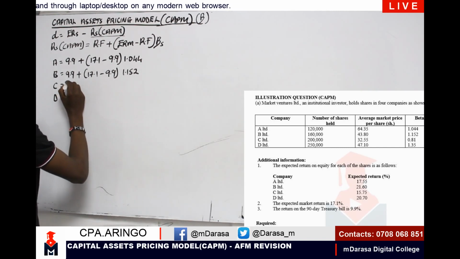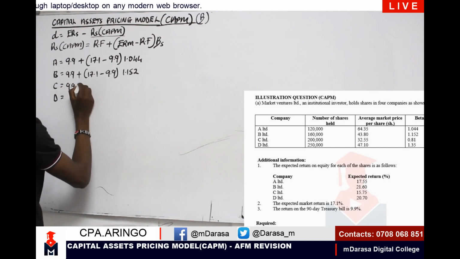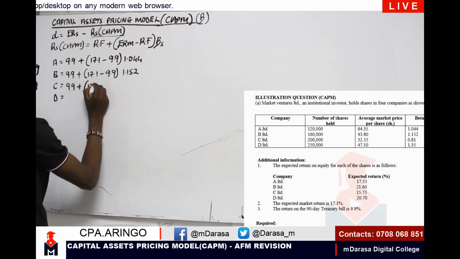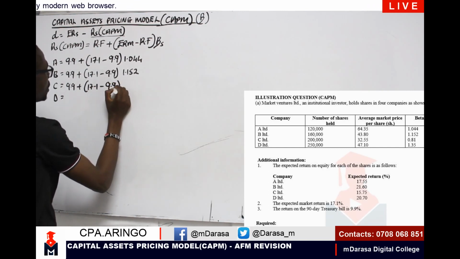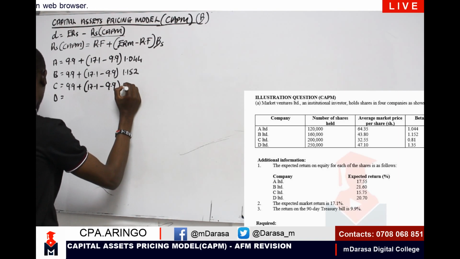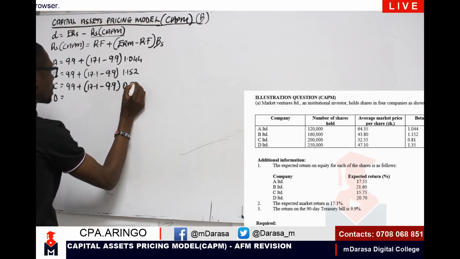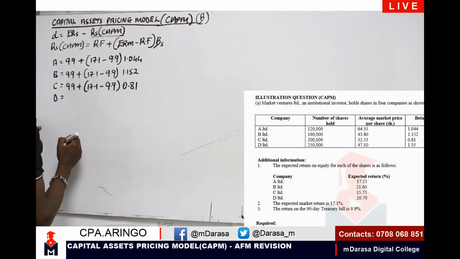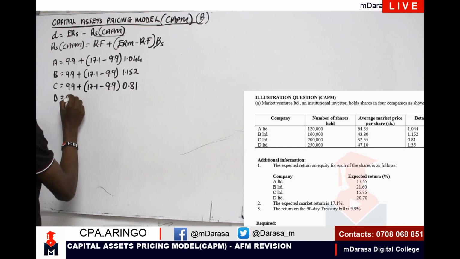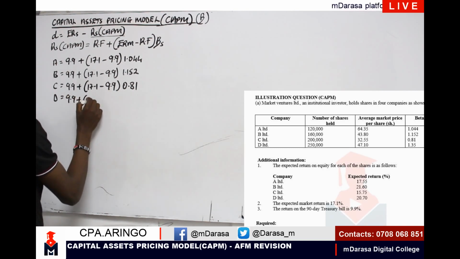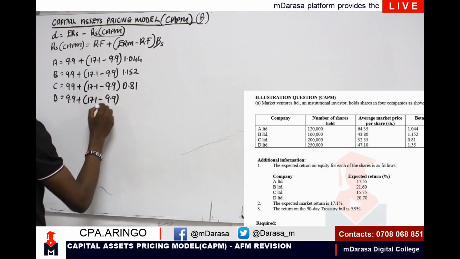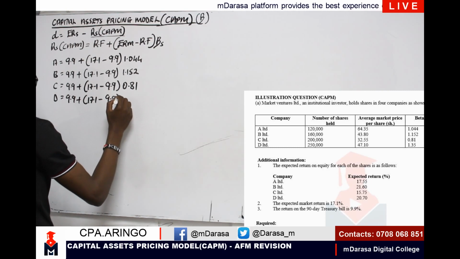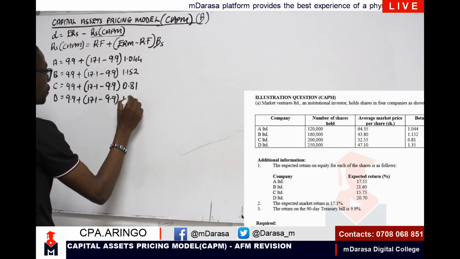We should be having C, 9.9 plus 17.1 minus 9.9 times basically 0.81. That is the beta of investment C. Then 9.9 plus 17.1 minus 9.9, the beta coefficient of investment D, I'm given 1.35.